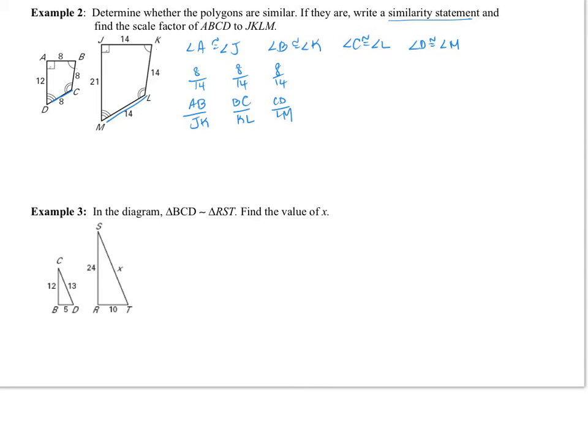And then we have DA, which is 12, DA to MJ. So 12 over 21.